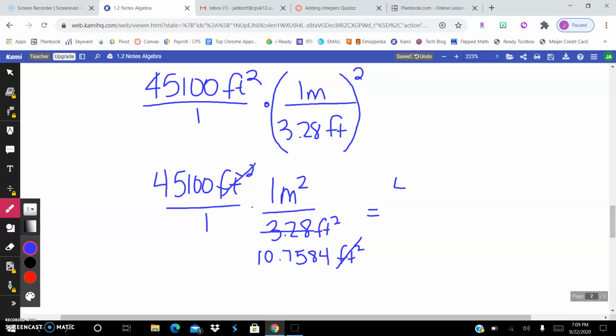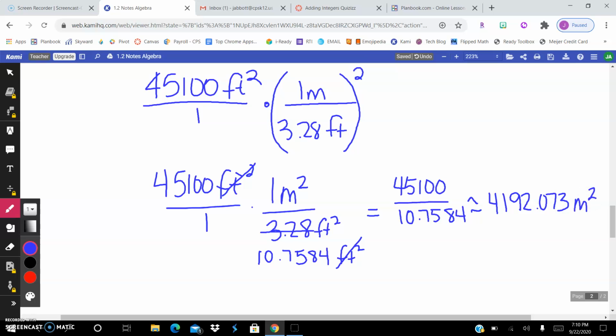At the top, 45,100 times 1 is 45,100, and 1 times the 10.7584 gives us 10.7584. We have to divide that. When we divide that, we're going to get about 4,192.073, and that would be meters squared.